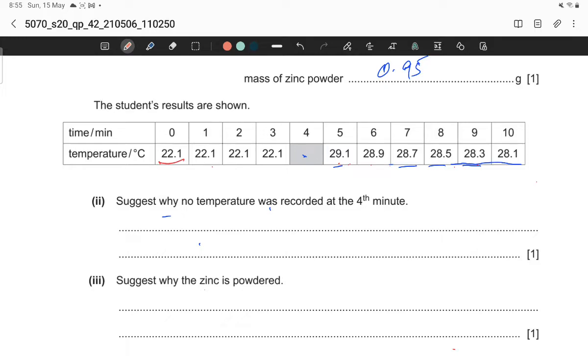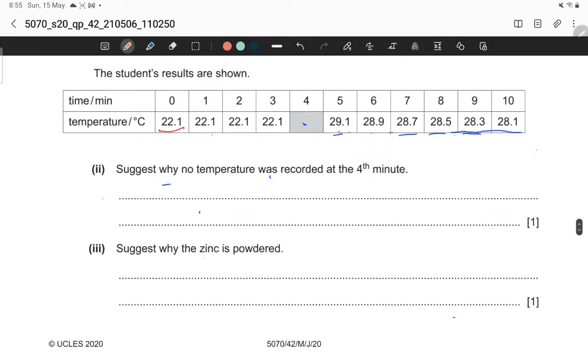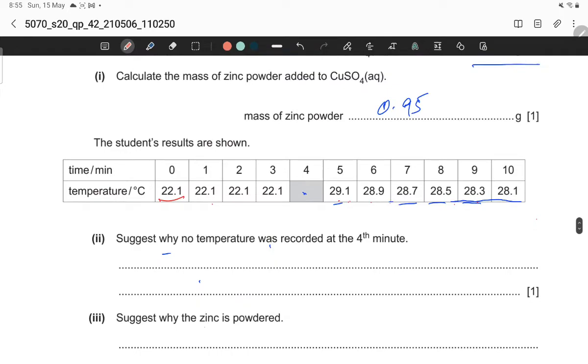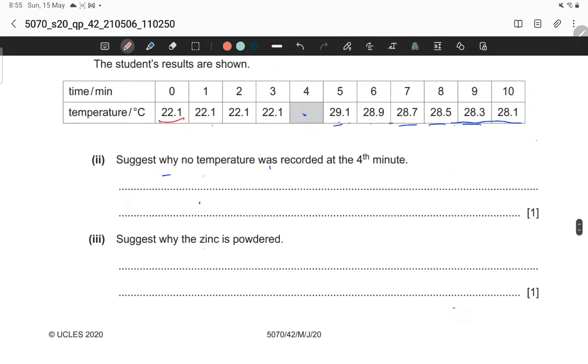So question number 1, this is 0.91, and now question 2: suggest why no temperature was recorded at the 4th minute.